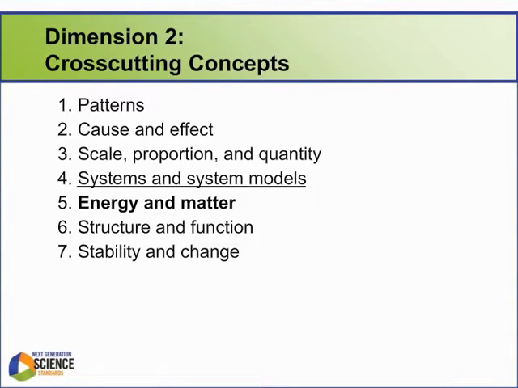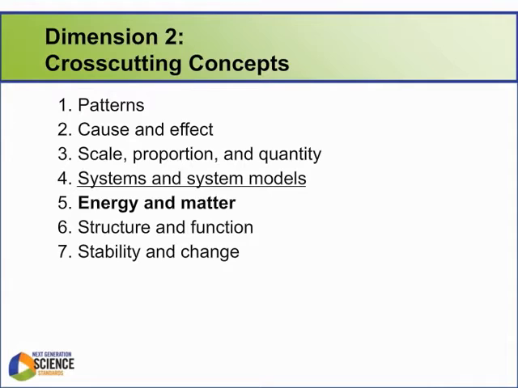Number 4, systems and systems models, and I underline that just to draw our attention that in Washington State, we've actually had a focus on systems in our last 2 sets of state standards, so systems shouldn't be a brand new thing for us. Number 5 is energy and matter, and I bolded energy and matter because in the past we've thought of energy and matter as content, as in a disciplinary core idea.